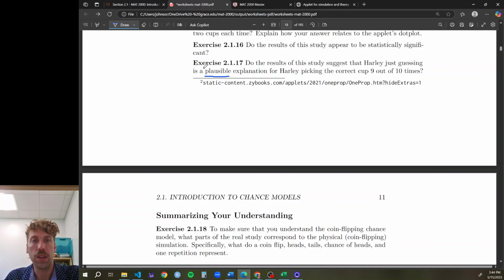Even if something can appear statistically significant, the word plausible is not the same as asking whether it's possible, because it is possible to have gotten 9 out of 10, but plausible is more about probability. And so it's not plausible if it's not likely.